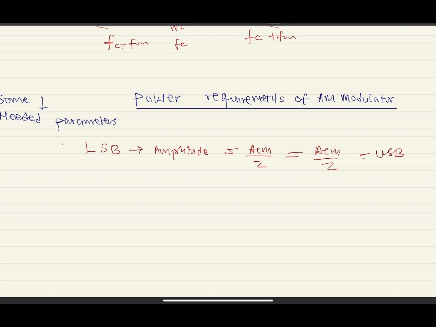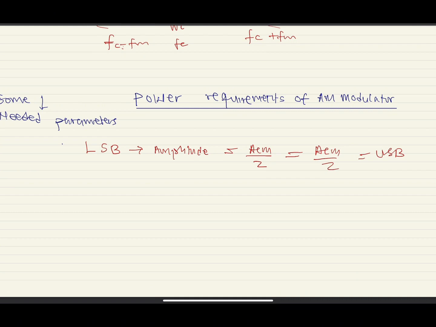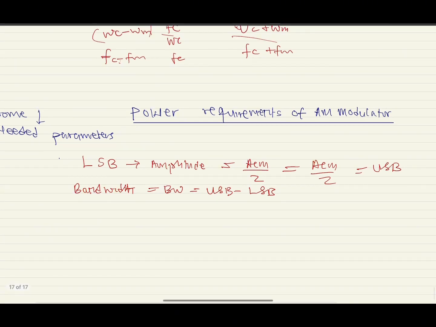We can also calculate the bandwidth of this AM signal. The bandwidth, BW, is equal to the upper sideband minus the lower sideband. The upper sideband is FC plus FM. We are using frequencies instead of angular frequency omega. The lower sideband is FC minus FM.